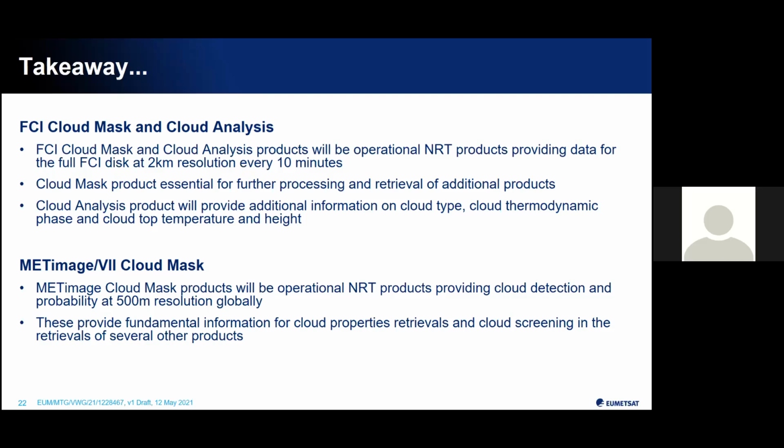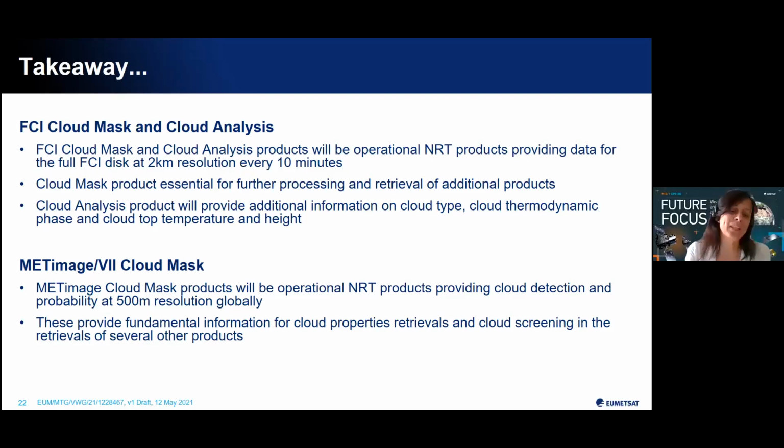Cloud Mask product is essential for further processing and retrieval of additional products, and the cloud analysis product will provide additional information on cloud type, cloud thermodynamic phase, and cloud top temperature and height. So that is the main things you can expect from CLM and CLA. And now back to Loredana.